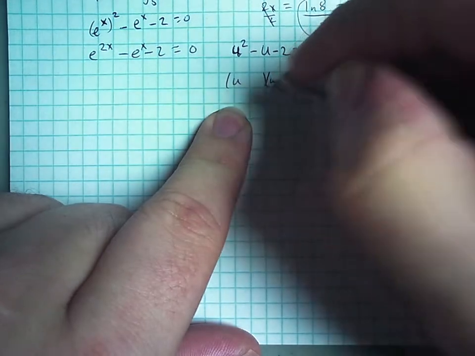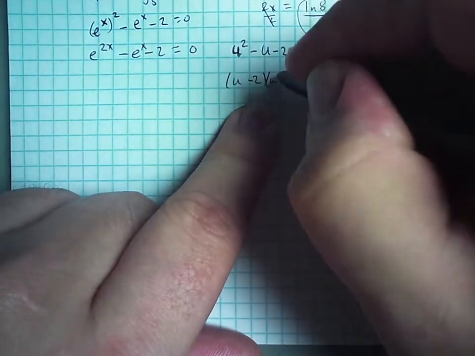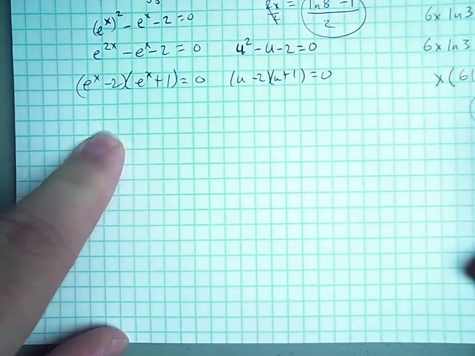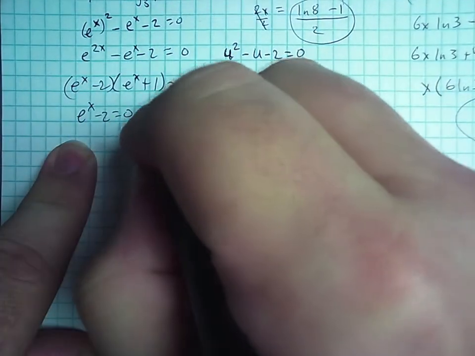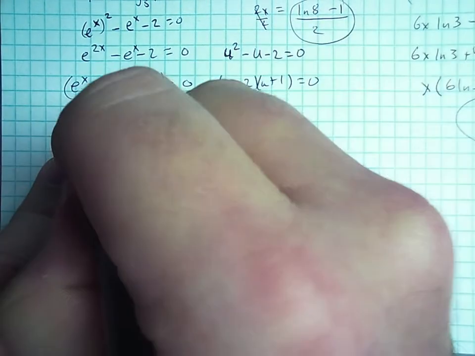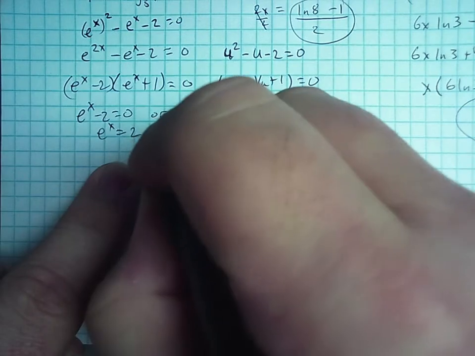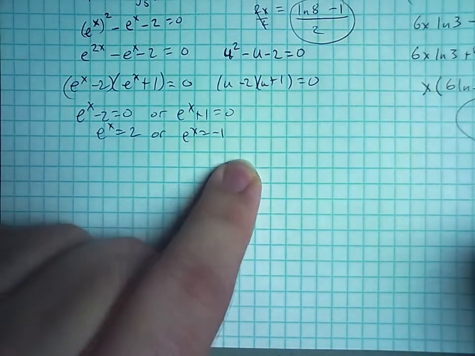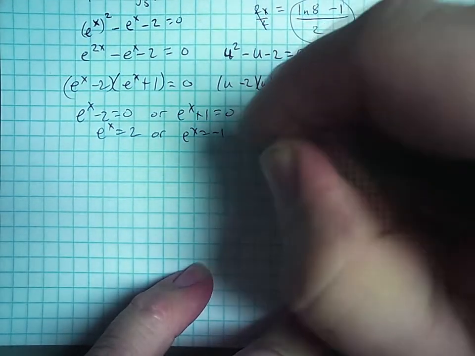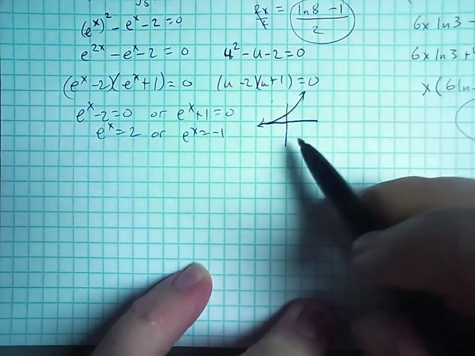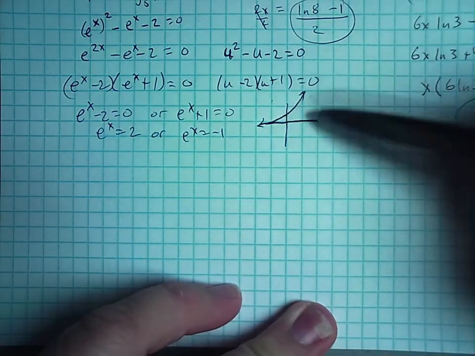Let's see, this will be u and u. Multiply to -2, add to -1, that's -2 and +1. So what we have here is e to the x minus 2 and e to the x plus 1 has to equal 0, which gives us two possible solutions. e to the x minus 2 equals 0, or e to the x plus 1 equals 0, which means e to the x could be 2, or e to the x could be -1, which is actually a problem because if you paid attention when we were doing exponential functions, you should hopefully remember e to the x has a horizontal asymptote at 0 and its range is positive numbers only.